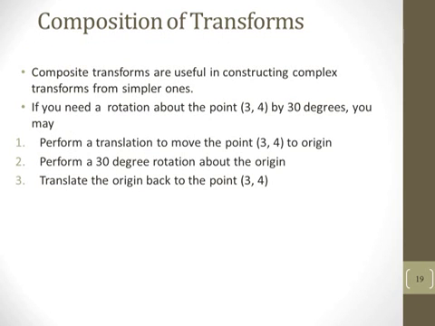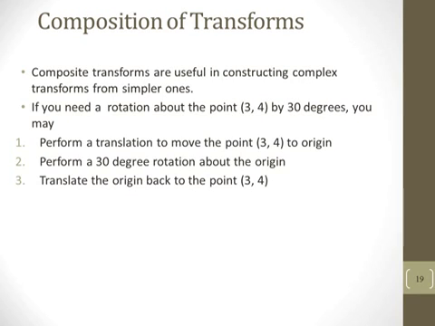So composite transforms are useful in constructing complex transformations from simpler ones. If we need a rotation, for example, about the point (3, 4) by 30 degrees, we may first perform a translation to move the point (3, 4) to the origin.